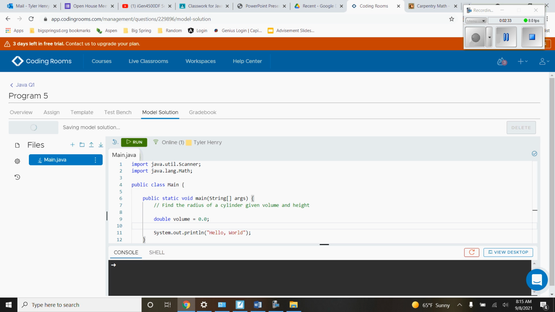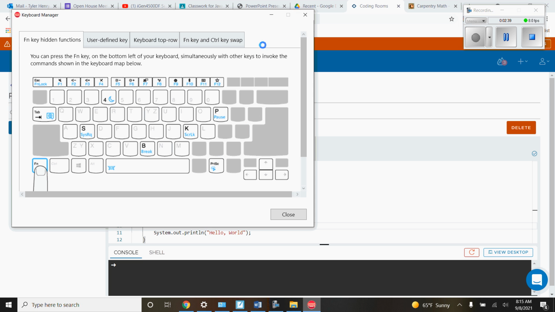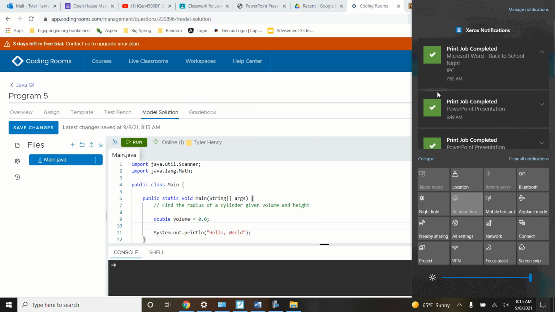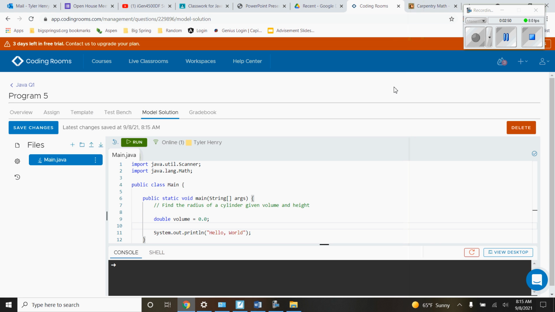Let me try to make this full screen if I can, which I don't know if I can. Let's see if I can not mess it up here. That was not the right button, as you can obviously see. That was not the right button either. Okay, now my mouse isn't working. I don't know why. It must have turned something off.